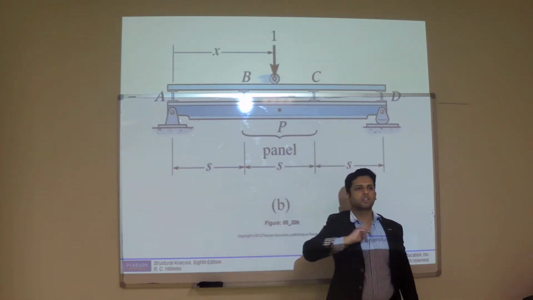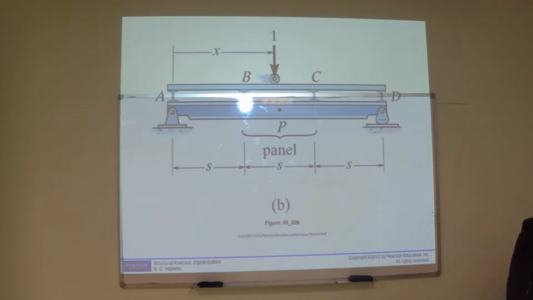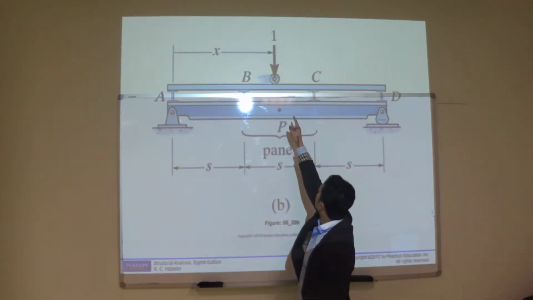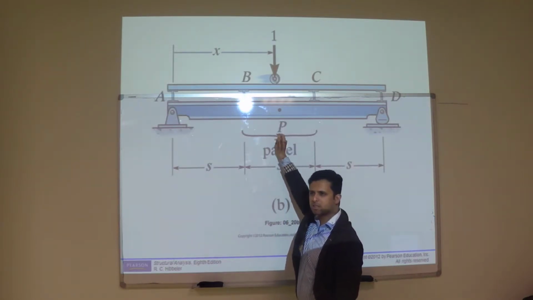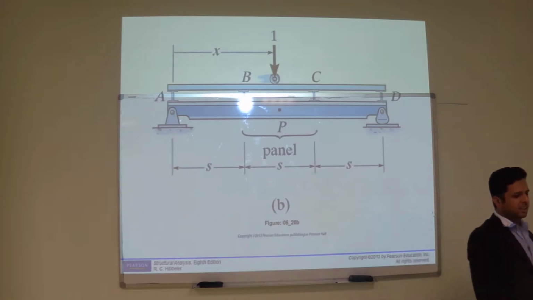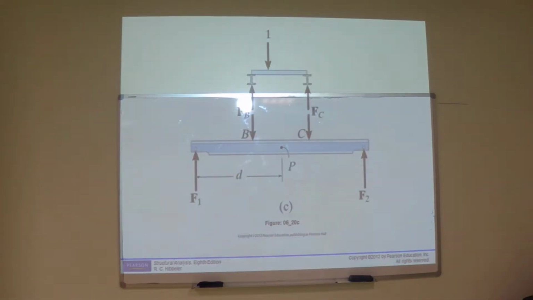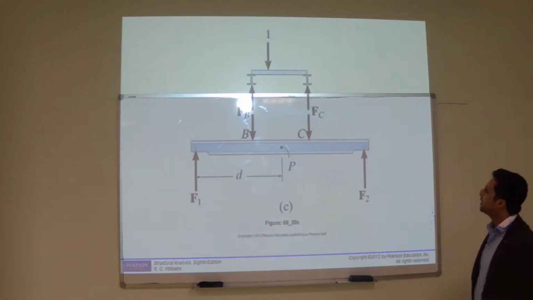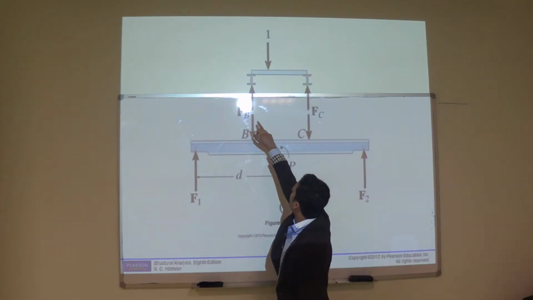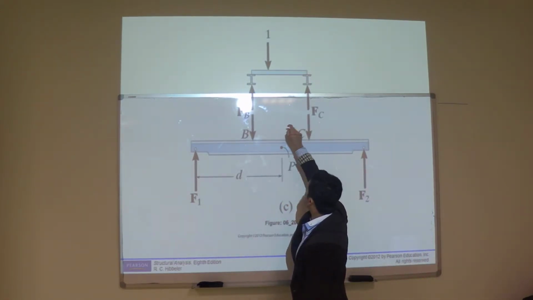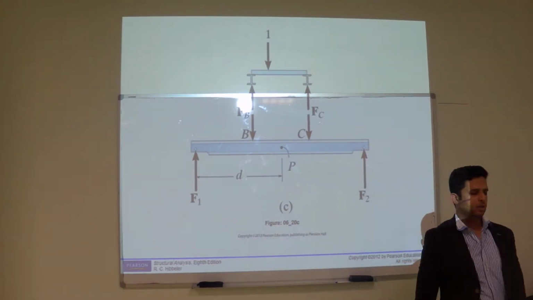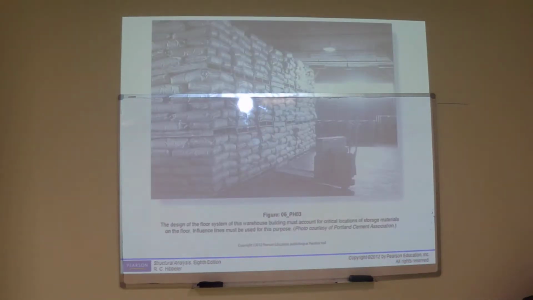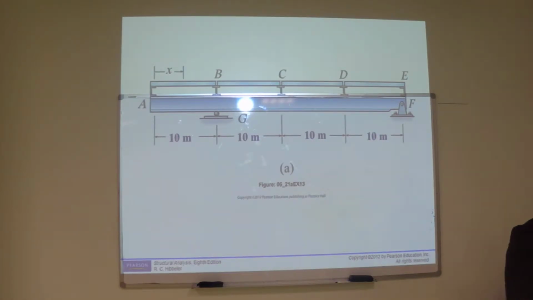This reaction depends upon the location of the load. If the load moves to panel BC, the load on this girder will also change. It's easier, not complicated. The reaction at point B and at point C is actually the load on the bigger beam. That's all. Let's solve one example which is in your book.